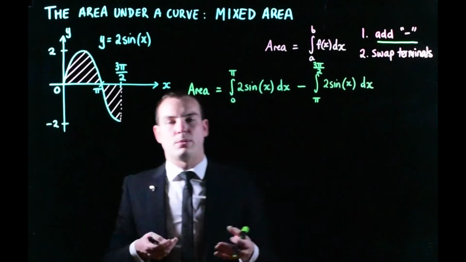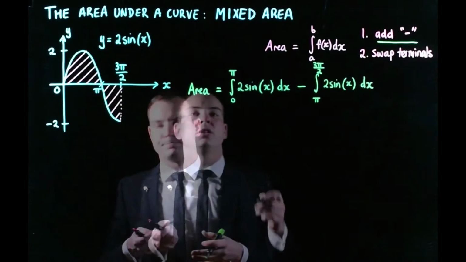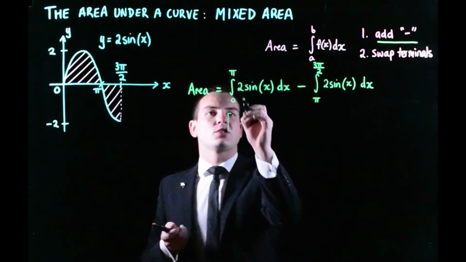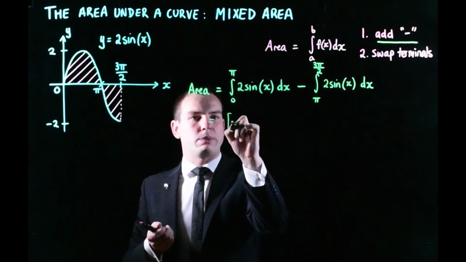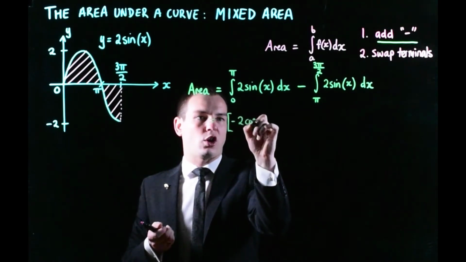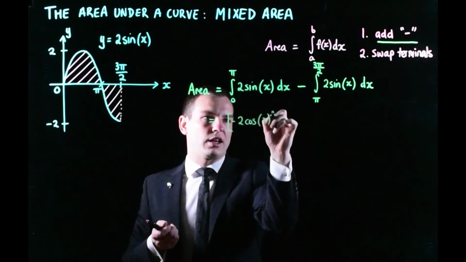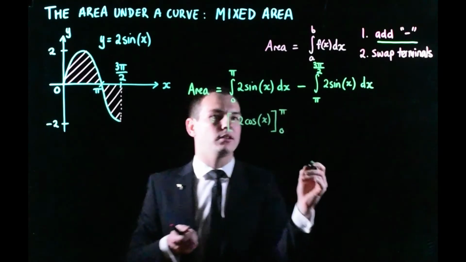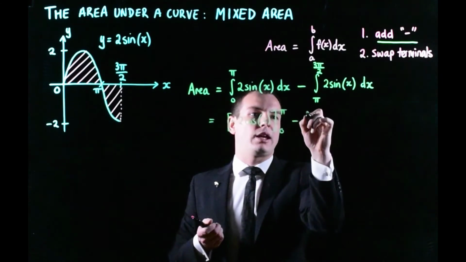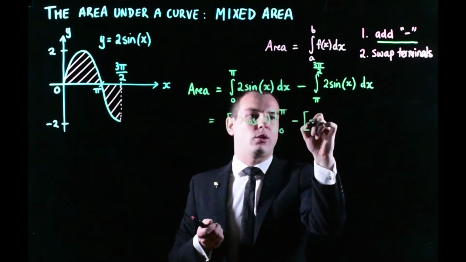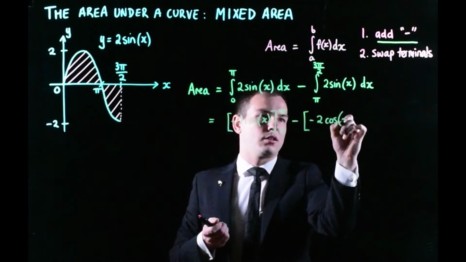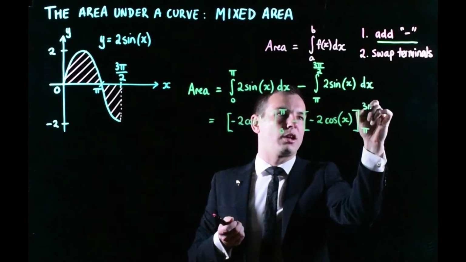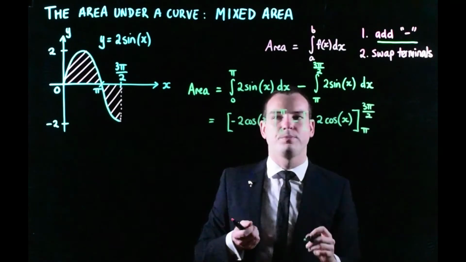So next, our job is just to evaluate this. First of all, we can just find the antiderivative. So 2 sine of x will actually become minus 2 cos of x. And for the first one, we're going to evaluate that between 0 and pi. And then we're going to subtract away the antiderivative evaluated between the values of pi and 3 pi on 2.